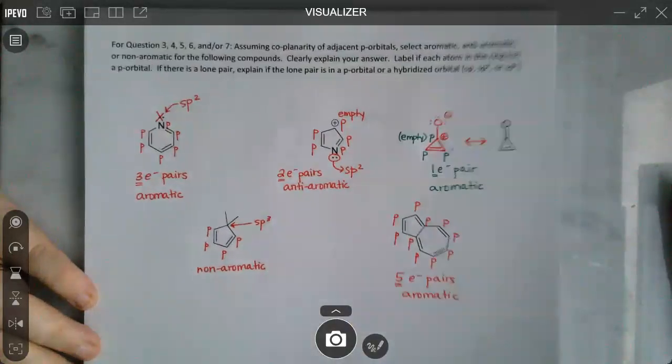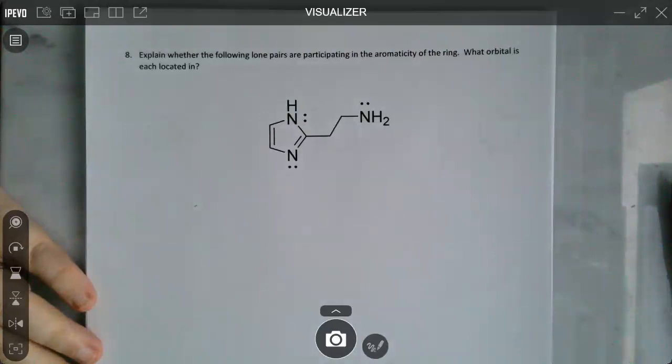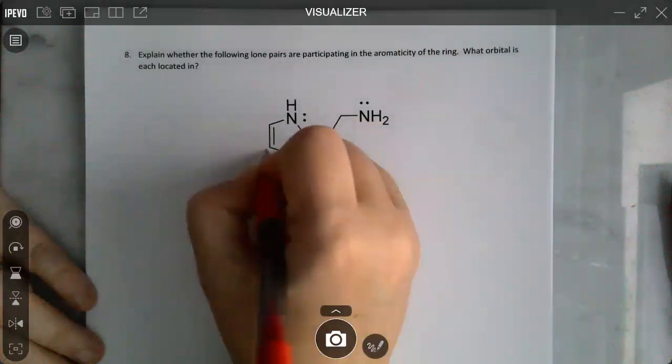All right. Moving on to the next question. Explain whether the following lone pairs are participating in the aromaticity of the ring. What orbital is each located in? So we are looking at each one of these lone pairs, right? As we know, the p orbitals are associated with the pi bonds.